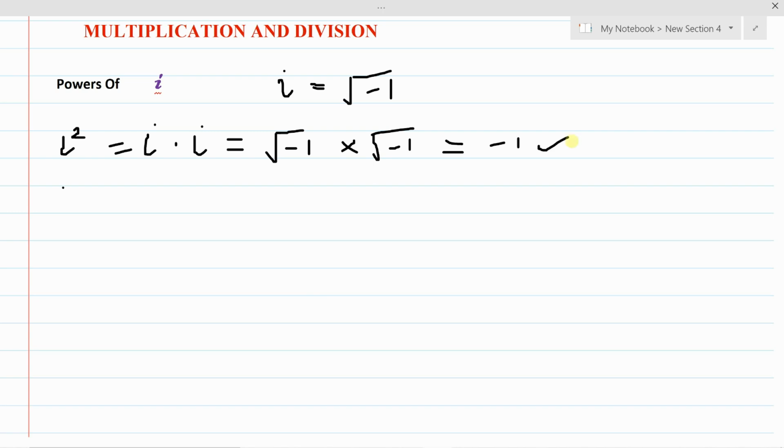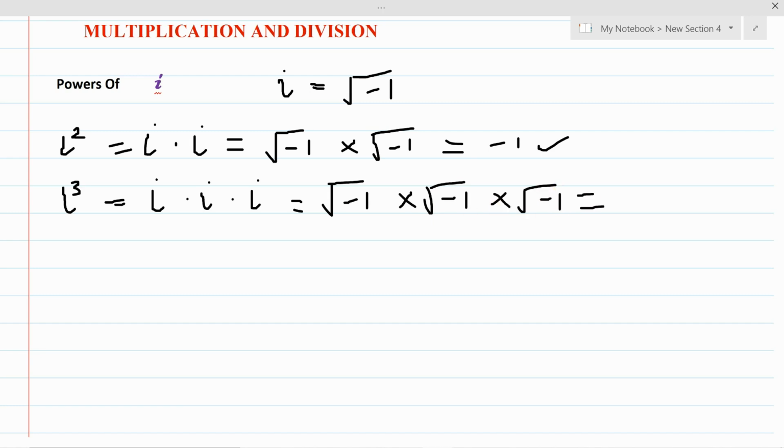Now let's look at i cubed. This gives i times i times i from indices, which is the square root of -1 times the square root of -1 times another square root of -1. The first two multiplied give -1, then times another square root of -1.